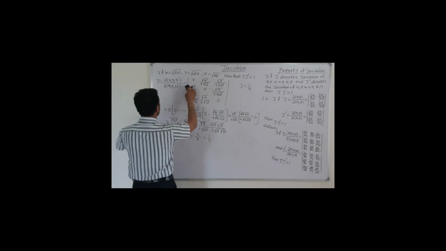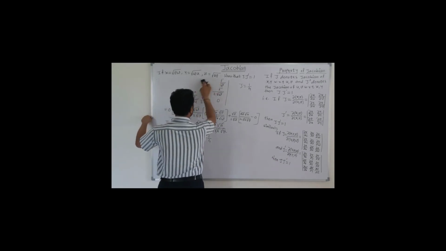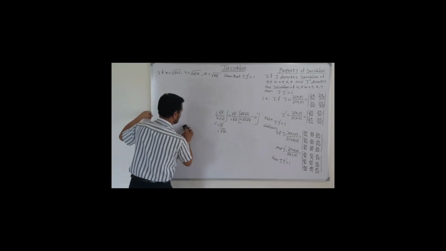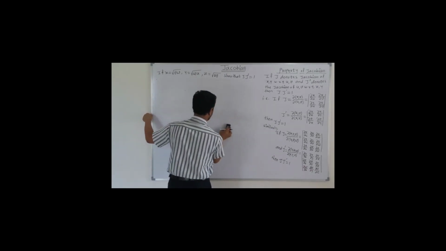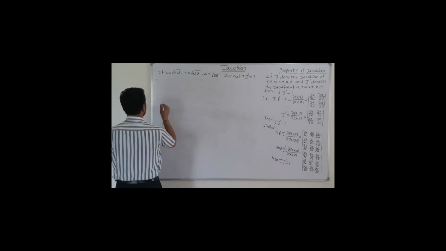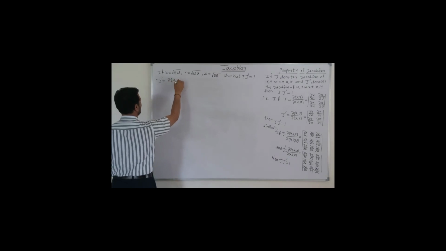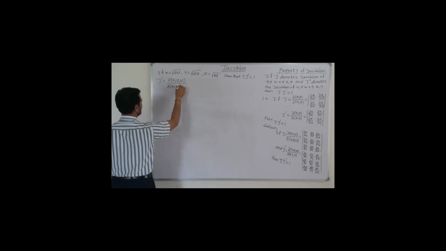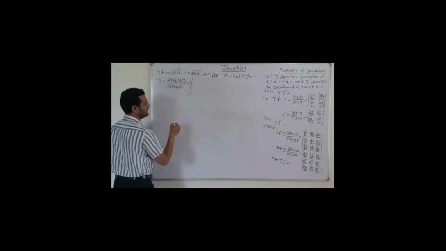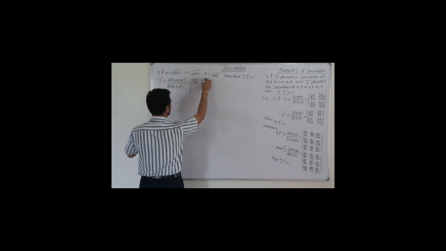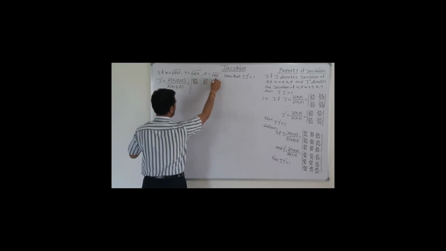Now friends, let's find out the value of J dash. So this J dash stands for Jacobian of u, v, w with respect to x, y and z. So friends, let's define J dash. J dash stands for Jacobian of u, v, w with respect to x, y, z, and it is defined as: partial derivative of u with respect to x, partial derivative of u with respect to y, partial derivative of u with respect to z.